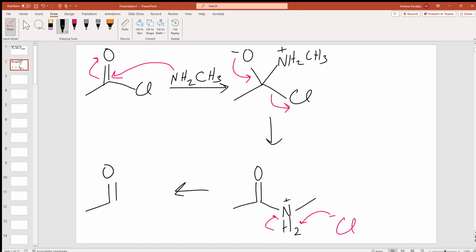It is, however, this step which is the explanation for why we need two equivalents of the amine. We don't always worry about our byproducts in a lot of organic reactions. But here, the byproduct formed is hydrochloric acid. And if we have hydrochloric acid in the presence of most amines, we get an acid-base reaction.